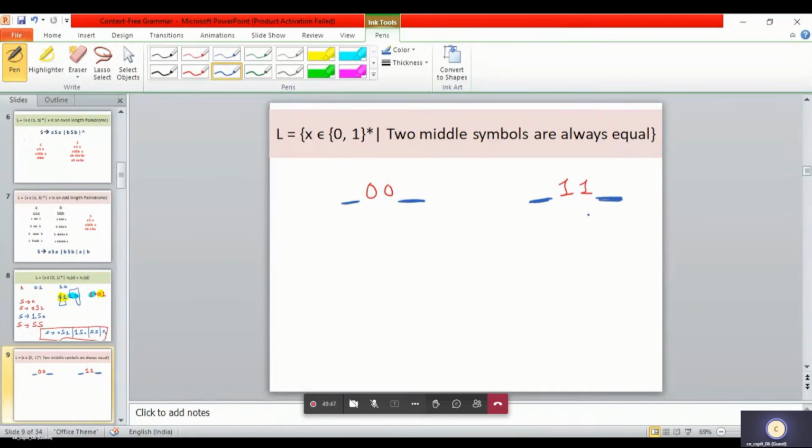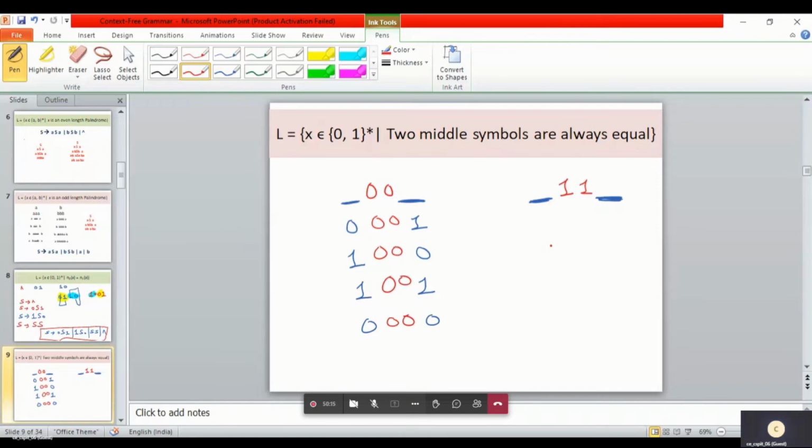So we have to append symbols, but they must be equal in number. I can append 0 and 1. I can append 1 and 0. Still it will remain in the middle position. I can append 1 and 1, and I can append 0 and 0. So you can see that if I put these two middle symbols here, we are getting all the strings of length 4.